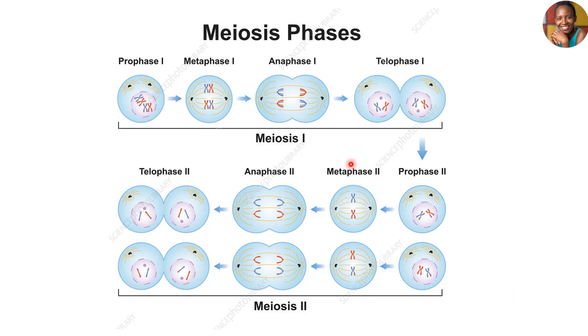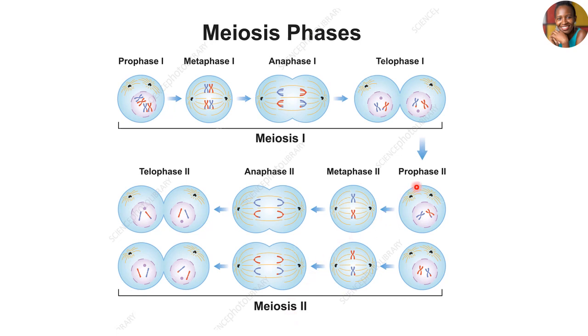So in the meiosis phases, we have meiosis 1 and then meiosis 2. In meiosis 1, the cell will go through prophase 1, metaphase 1, anaphase 1, telophase 1 together with cytokinesis. Then this cell will transit to the second stage of meiosis division that we are calling meiosis 2.